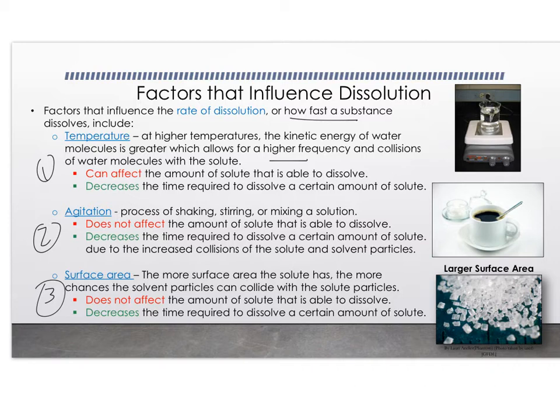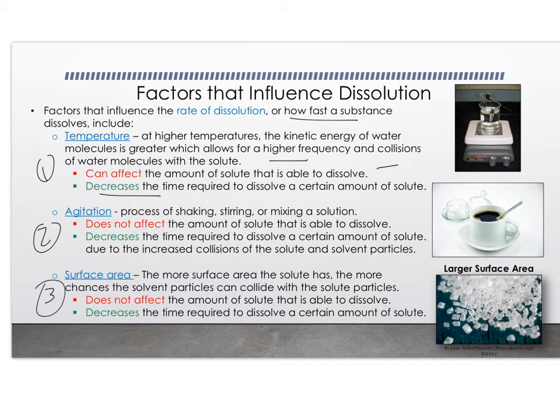So it can also affect the amount and it can increase the rate of solubility. Temperature can affect the amount of solute that's able to be dissolved, and it also decreases the time it takes a certain solute to dissolve at a given temperature. So you can dissolve something faster. If you want to dissolve something faster, heat it up.